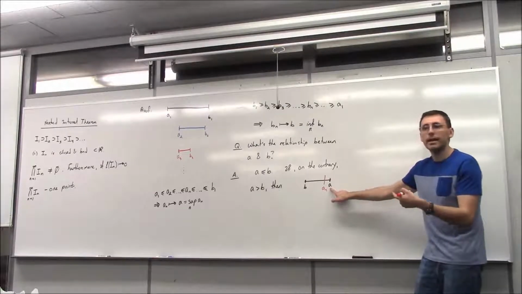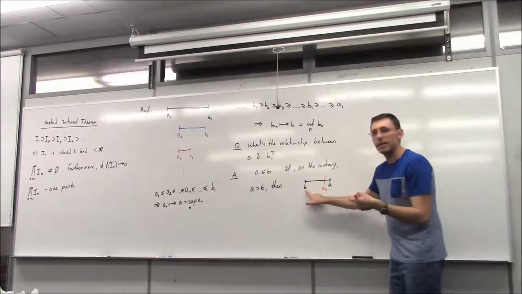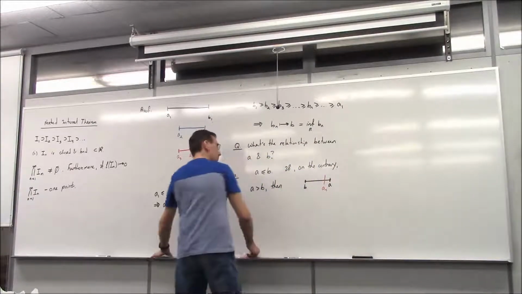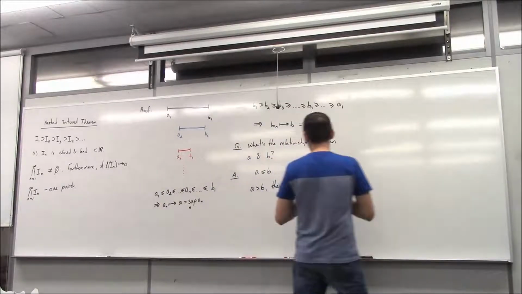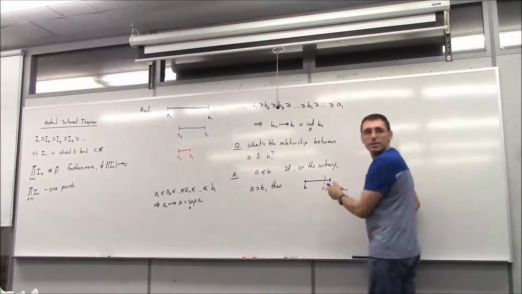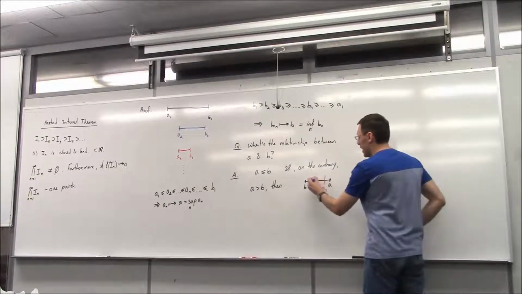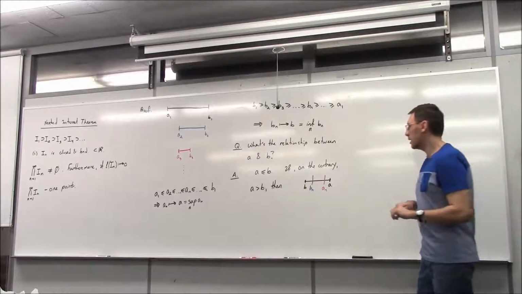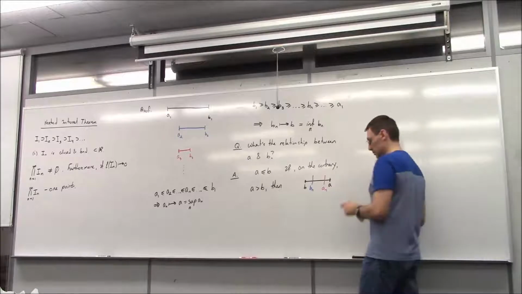And what do the B's do? They encroach from the right. So you would have the situation that An is here and Bn is here for some interval. And that's impossible.